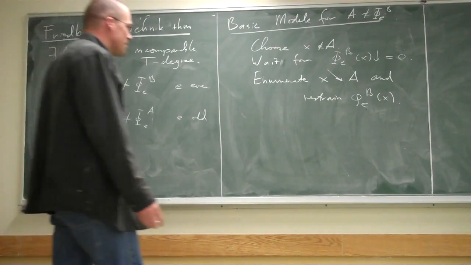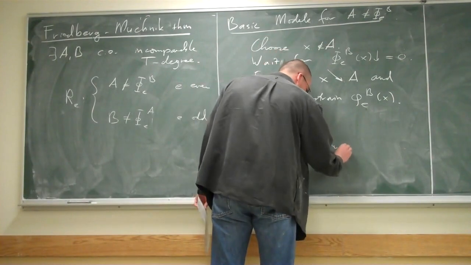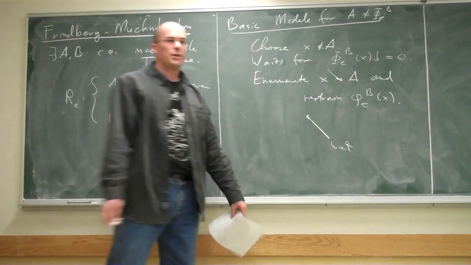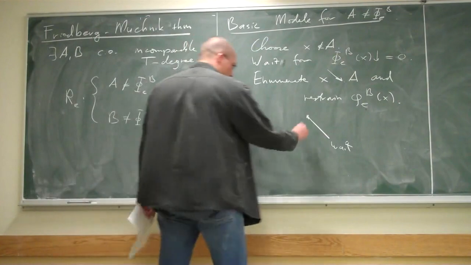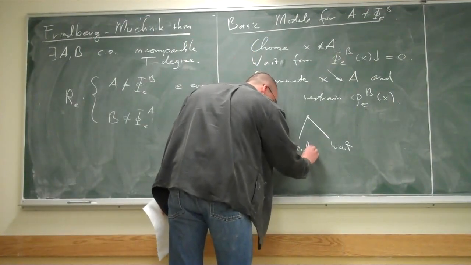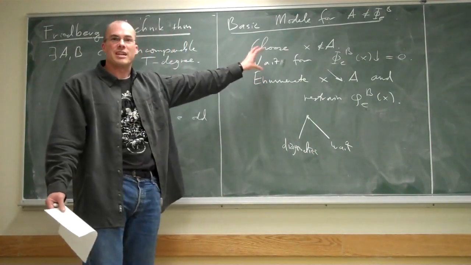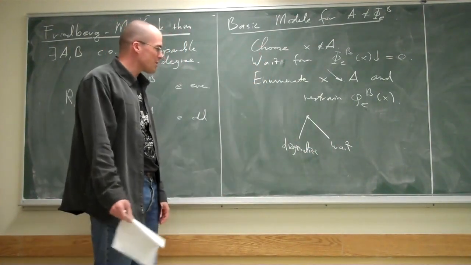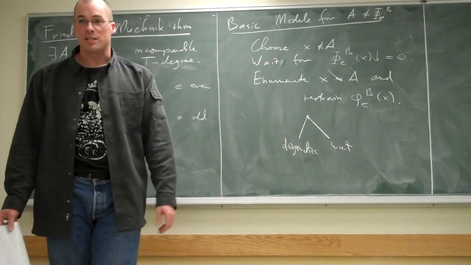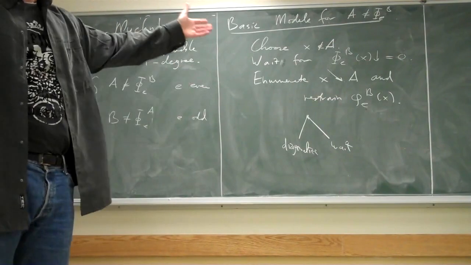So for any such module, you have these two outcomes. Either you wait forever, or you diagonalize. Right? And by diagonalize, I mean you take this action. Those are the two possible outcomes of this basic module. And clearly, the basic module in isolation works.